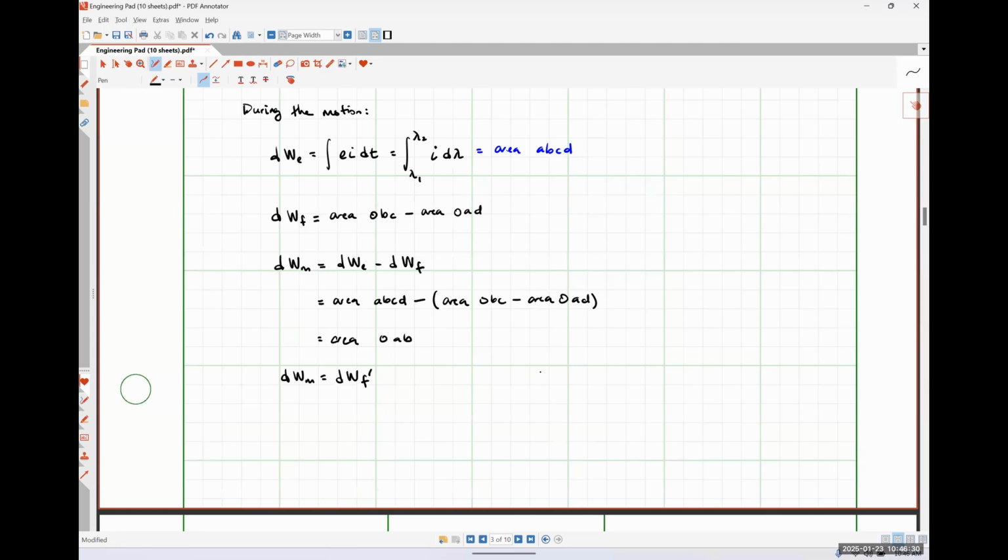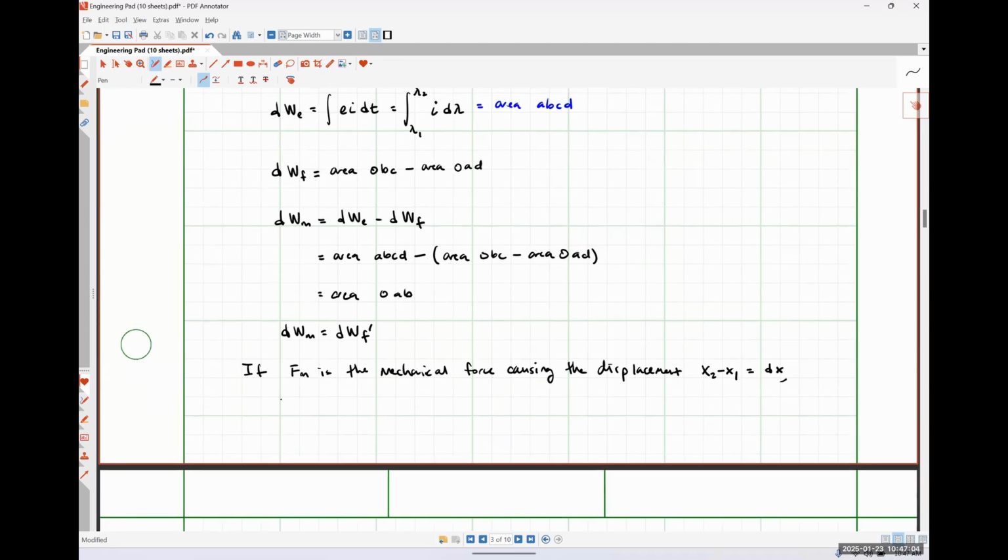And if Fm is the mechanical force causing the displacement, let's call it x2 minus x1, which is equal to some differential change in x, then our differential mechanical energy is just going to be Fm dx.